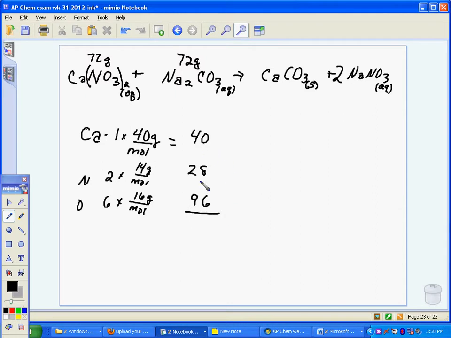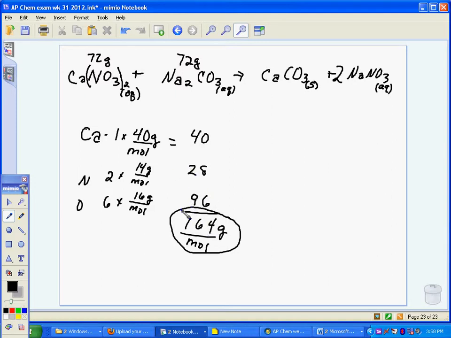Add all these together, and I believe we get 164. Let's see, 8 and 6 is 14, that's 5 and 2 is 7, and 9 is 16. 164 grams per mole. Okay, so this is how I determine my gram formula weight.